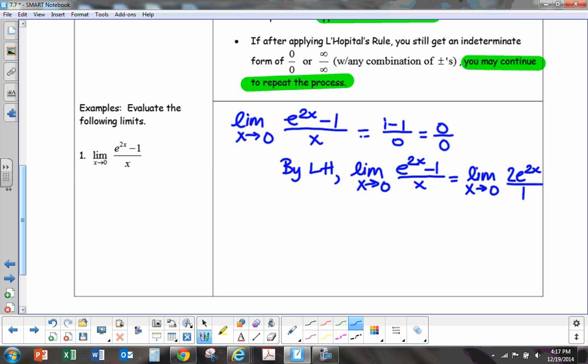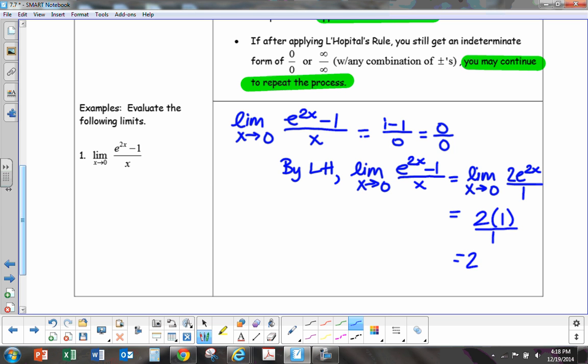Again, I'm not taking the derivative of the whole fraction. I'm not doing quotient rule. I'm just differentiating the top, differentiating the bottom, and by L'Hopital's rule, it tells me that those two limits are the same. Well, now let's try to take that limit by plugging in. So if I plug in 0, I get 2, and e to the 0 is 1, over 1.